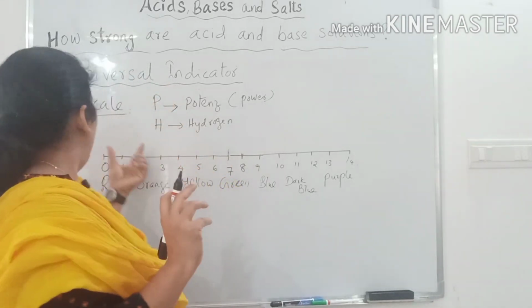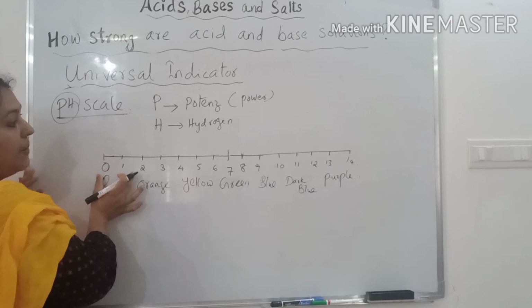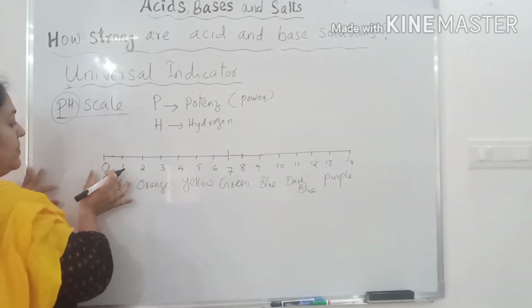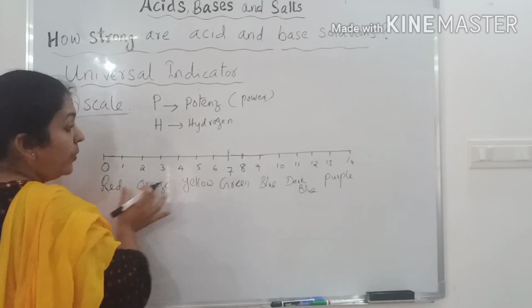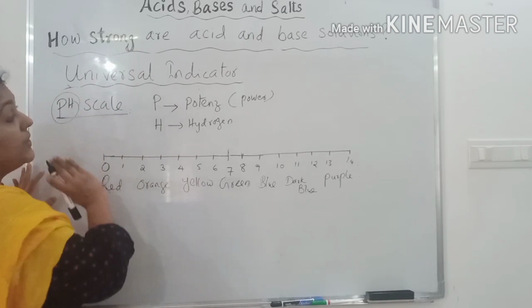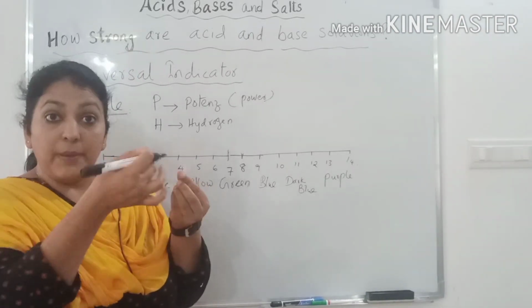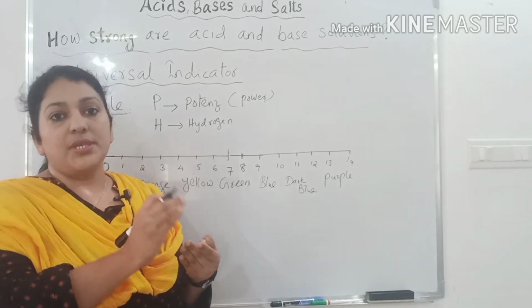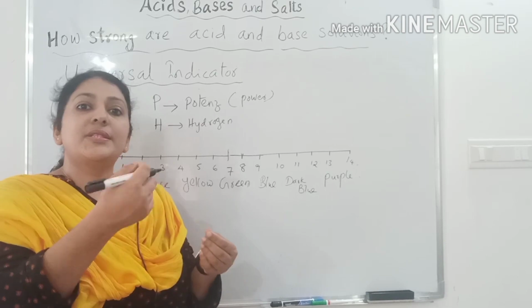Now, in the pH scale, there are numbers ranging from 0 to 14 and colors ranging from red to purple. Remember, universal indicators are available both as paper strips and as solutions, just like red litmus and blue litmus solutions and strips.